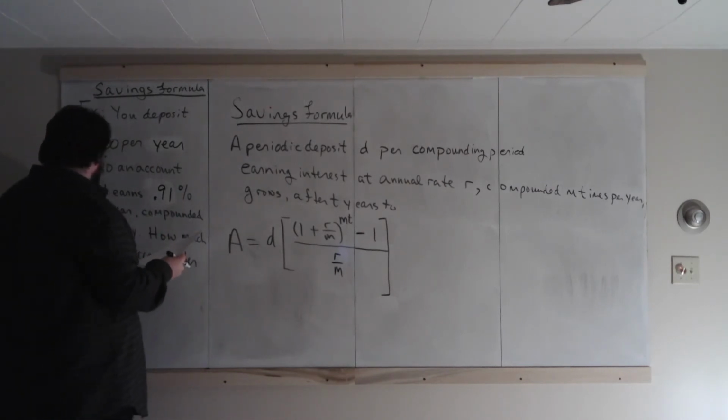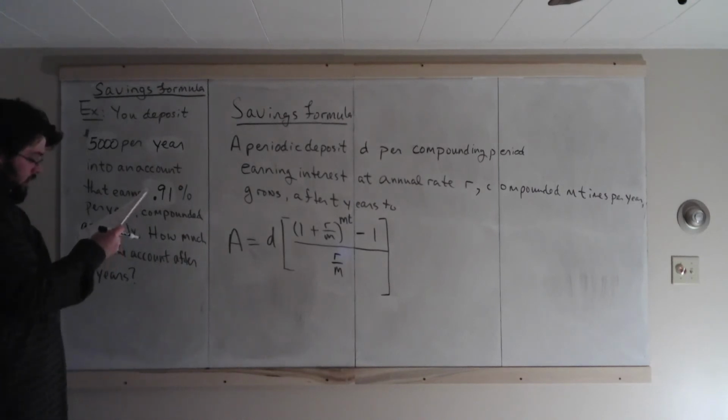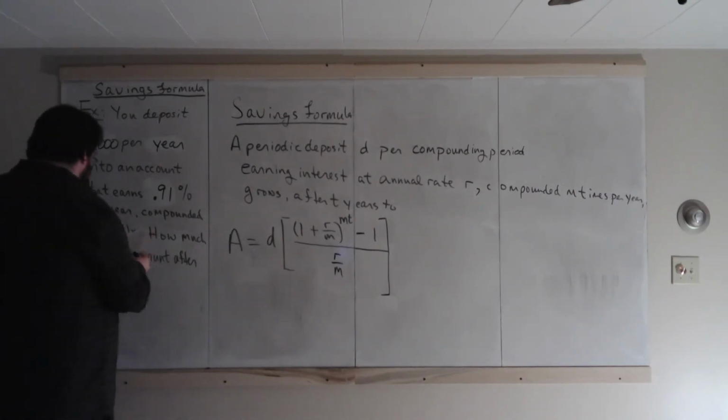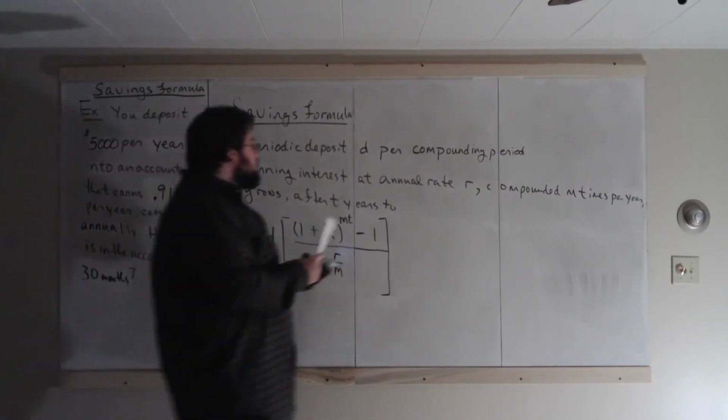Let's change it to annual compounding. How much is in the account after 30 months? How much is in the account after 30 months?